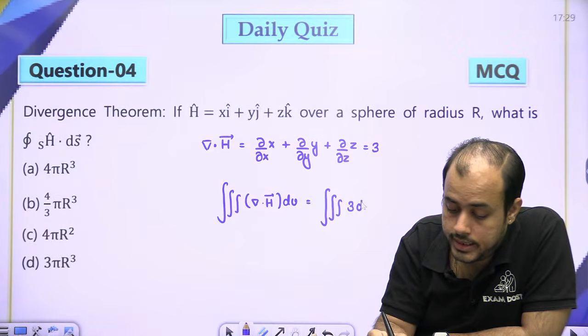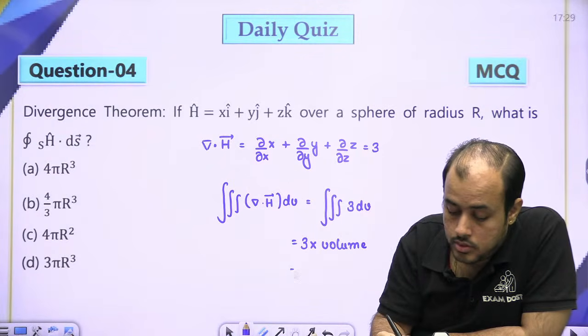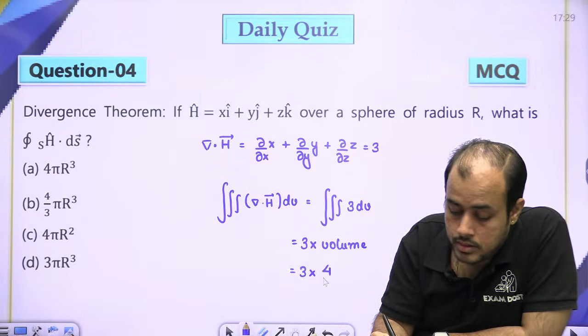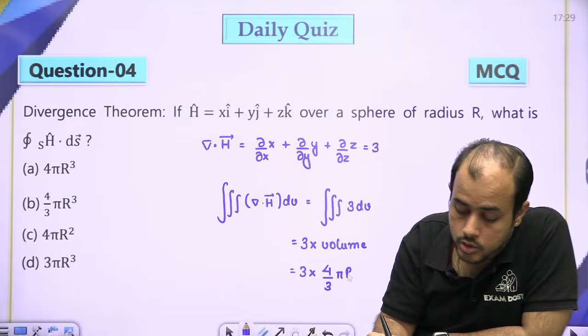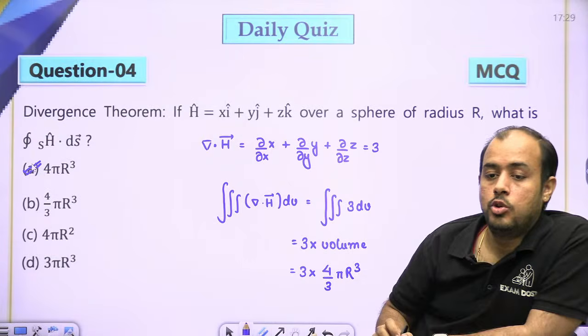Okay. So 3 dv, तो 3 into 4 by 3 pi r cube. Answer will be A, 4 pi r cube.